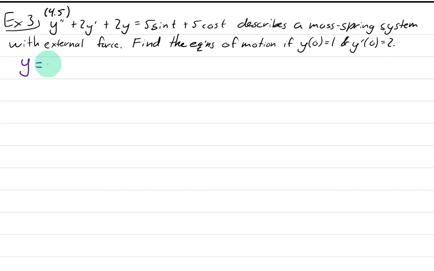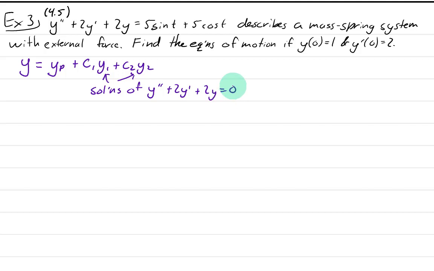And that y is going to be some other particular solution plus a solution of the homogeneous equation, which is going to be something of the form c1y1 plus c2y2, where y1 and y2 are any particular solutions of the homogeneous equation, which is y double prime plus 2y prime plus 2y equals 0.